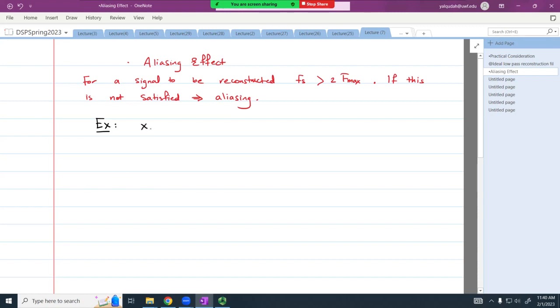So we're going to assume we have a signal, x continuous, that is equal to cosine 2 pi multiplied by 100t. What is the frequency of this signal? 100 hertz, or 2 pi multiplied by 100 radians per second. Now what I'm going to do, I'm going to take this signal, I'm going to sample it, and I'm going to pass it through a low-pass filter.